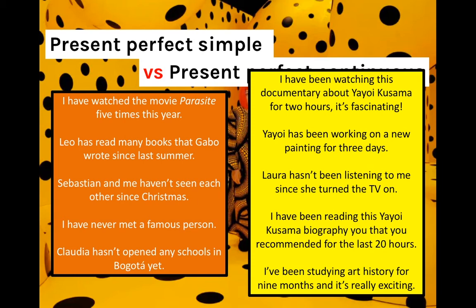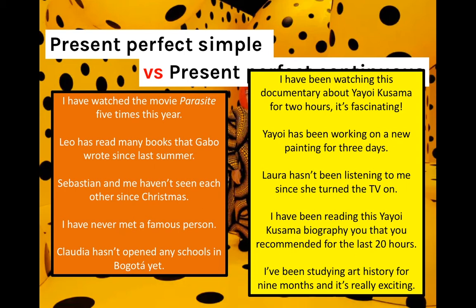Well, this is a repeated activity in the past. Because I have watched this movie 5 times. Because it's a repeated activity in the past, we use the present perfect. Leo has read many books that Gabo wrote since last summer. This is also a repeated activity in the past, and we use the present perfect simple for that.